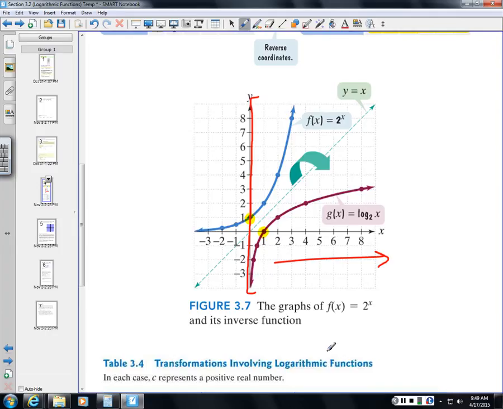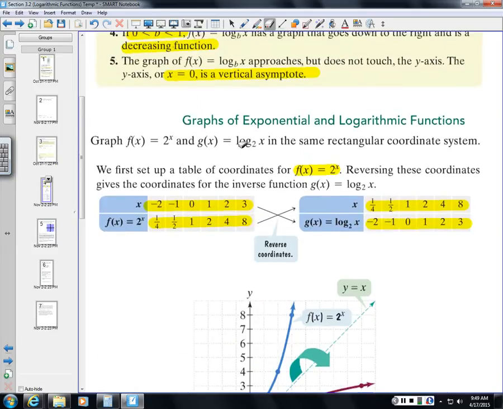So the domain starts at 0 and goes to infinity. And then we can see that the range now is all real numbers. So all of these characteristics, we can kind of see that the 2 to the x, the exponential, and the log are complete inverses of each other. Everything has been reversed. And that's basically the concept for how we're going to get these graphed.